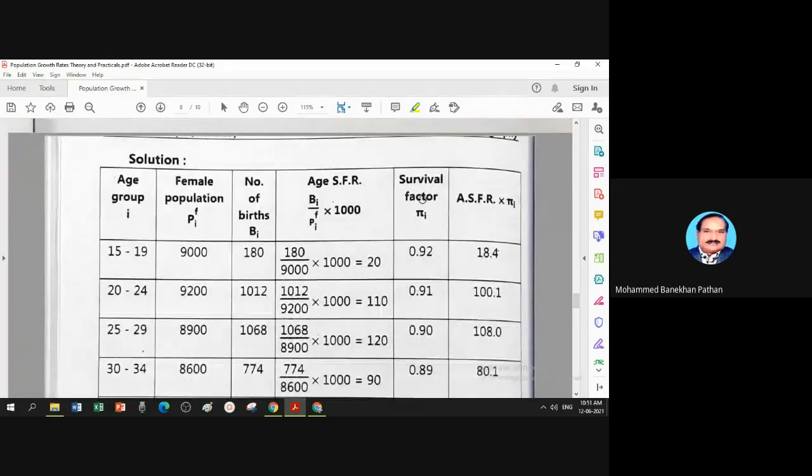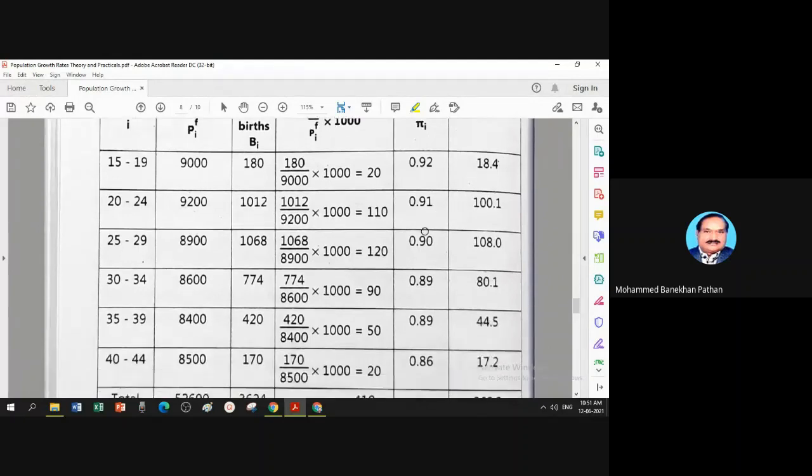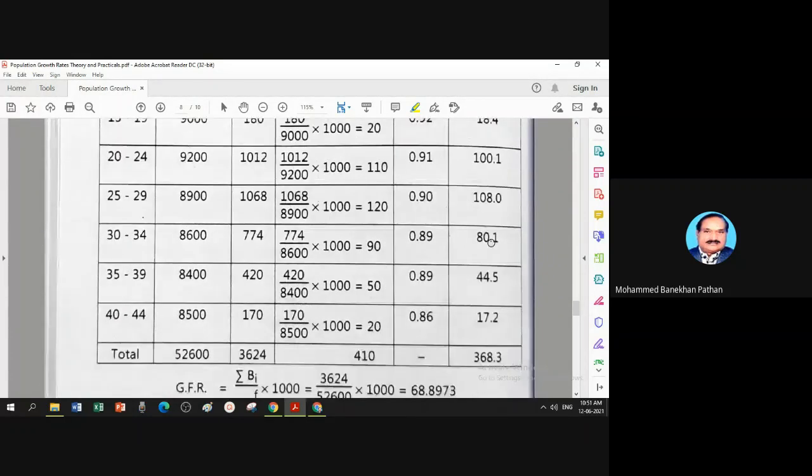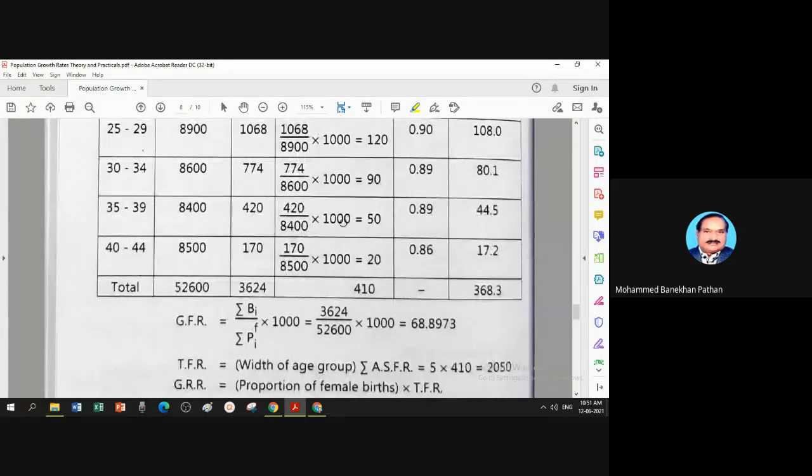Next is the survival factor given in the question; write it in the column. Survival factor pi I multiplied by ASFR, this is your next column. So this is a calculation table which is required to get the answer of all types of rates.